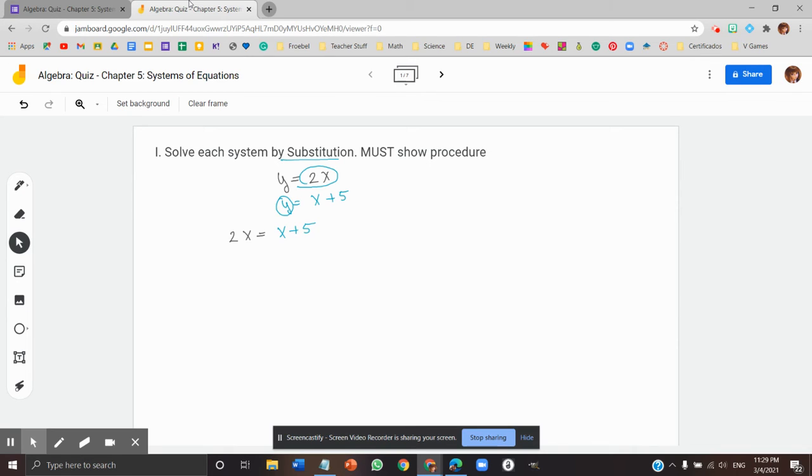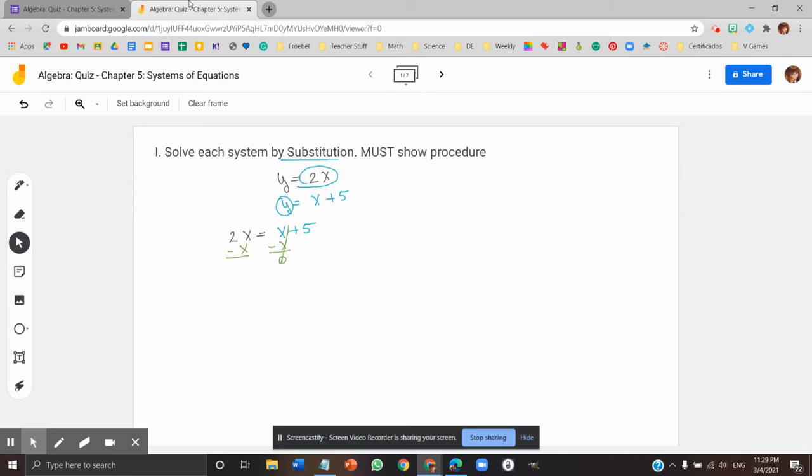So first things first, I want to put all my x's on one side and leave my constants on the other one. So for me to take that x to the other side, all I have to do is subtract x on that side. And again, if I do that on one side, I have to do it on the other one. This is going to get canceled because x minus x is 0.